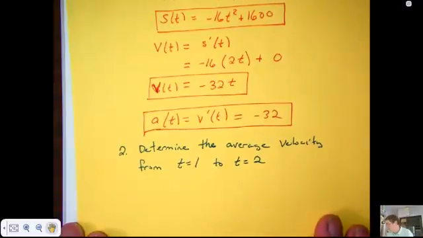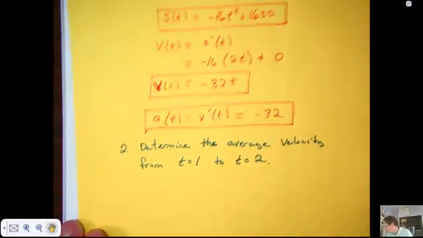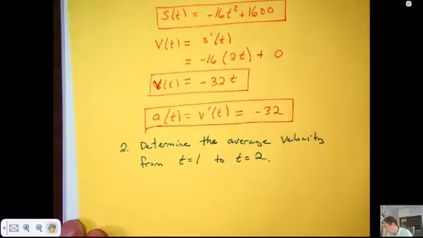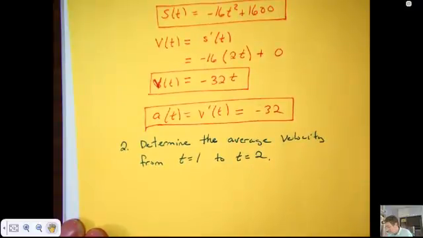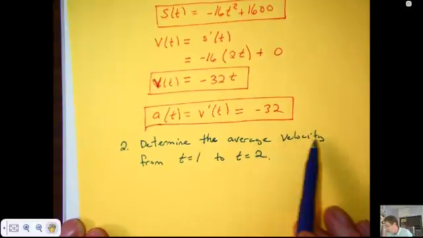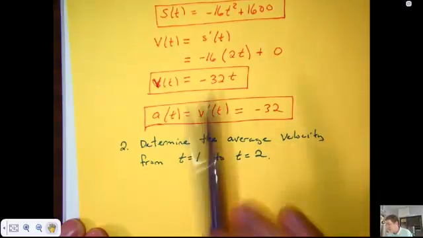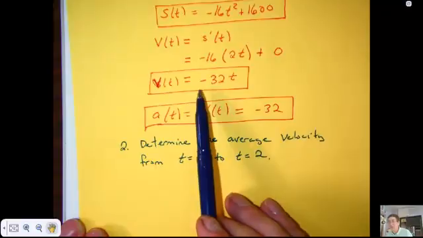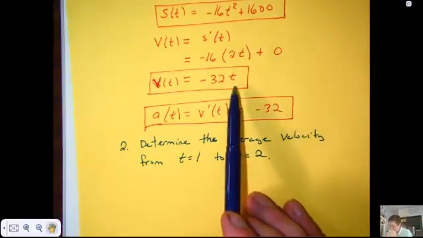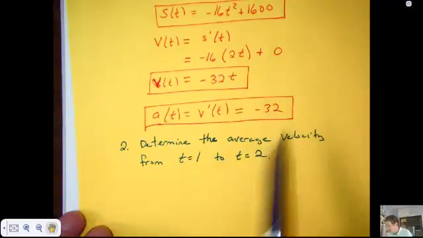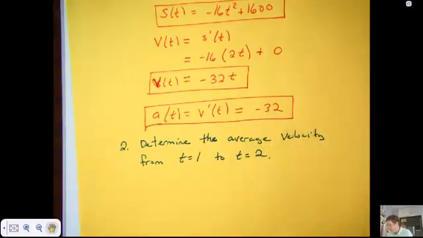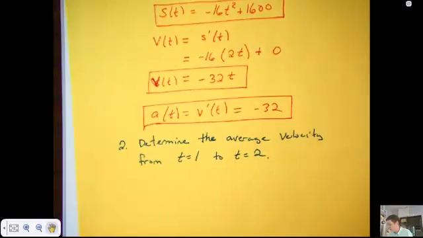Alright, now this question, again back to a little bit of physics, makes you review a little bit that it says average velocity, not just the velocity. So this is different. This velocity function actually gives what's called the instantaneous velocity. At that time t, what is the velocity at that instant? But to find the average velocity, we need to remember what the average velocity formula is.